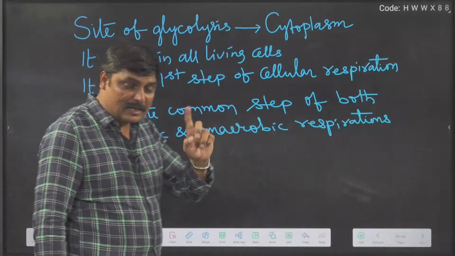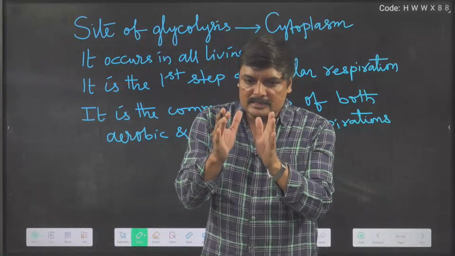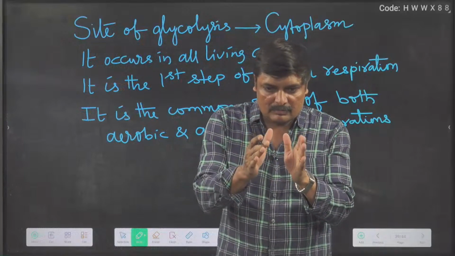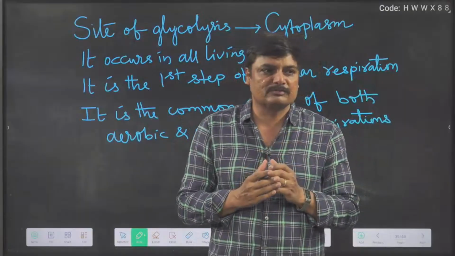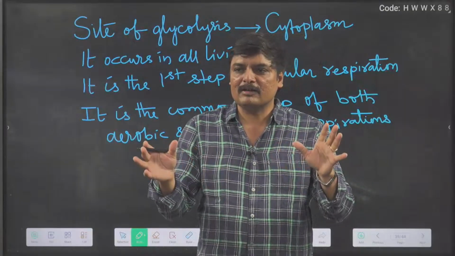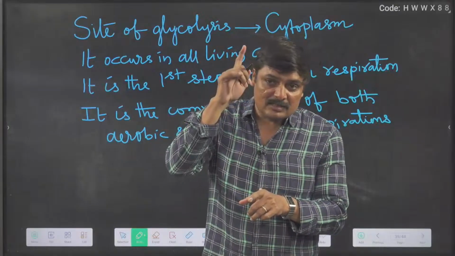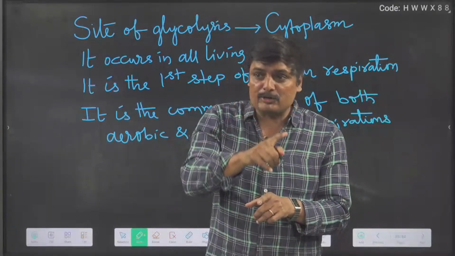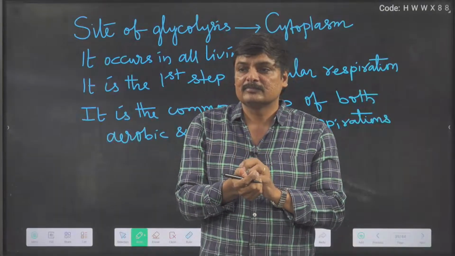And it is the common step. So glycolysis occurs in aerobic respiration and it also occurs in anaerobic respiration. Therefore, it is the first step and the common step. Whether it is aerobic or anaerobic, this always takes place in cytoplasm.